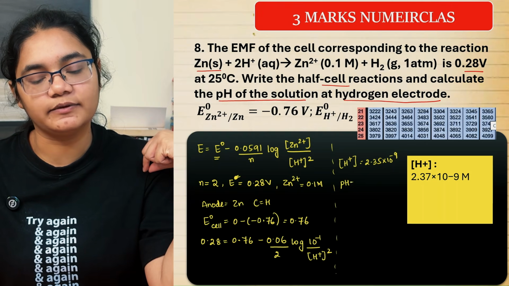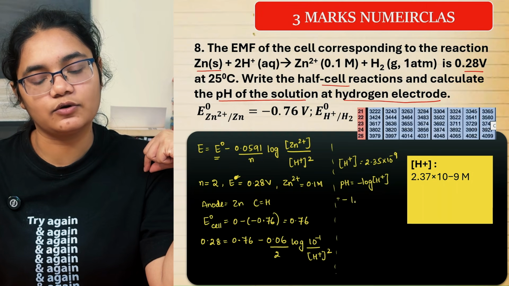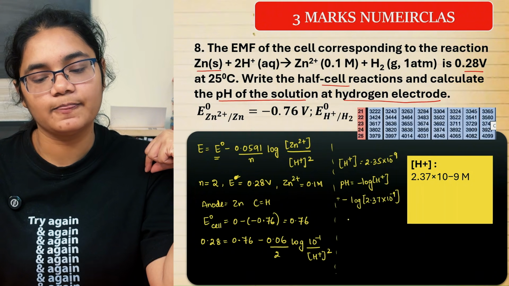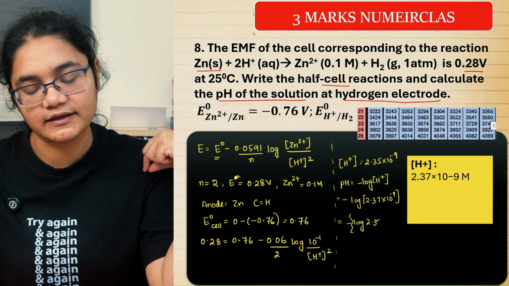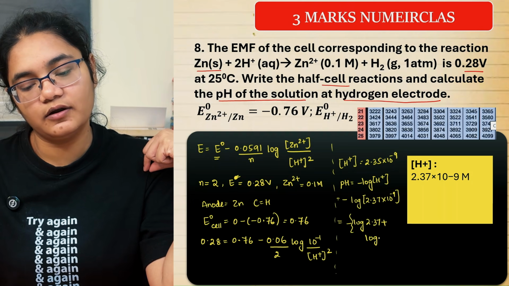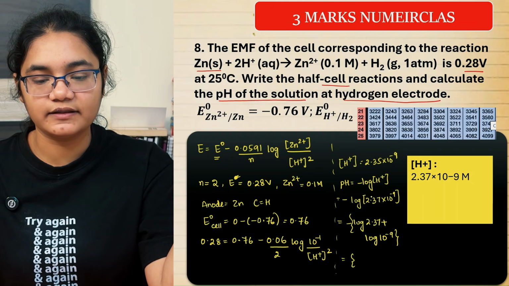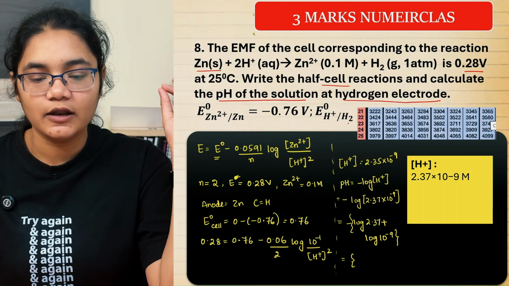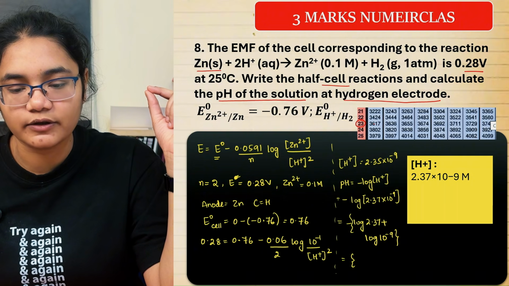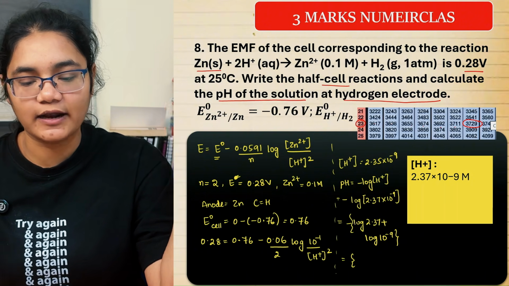Then what is pH? pH is equal to minus log of H plus concentration, right? So I can write down minus log of 2.37 into 10 to the power of minus 9. That can be written as minus log of 2.37 plus log of 10 to the power of minus 9. Now, log of 2.37 can be found like log of 23 with 7 in the log table.